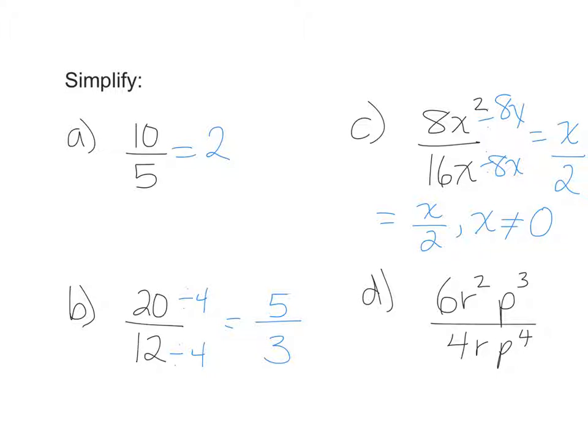That's the answer. Without the x does not equal 0, it's not a complete answer. Even though in grade 9 and grade 10 you simplified some things probably like this and didn't include the non-permissible values, now we're going to. So 8x squared over 16x is equal to x over 2 when x does not equal 0.